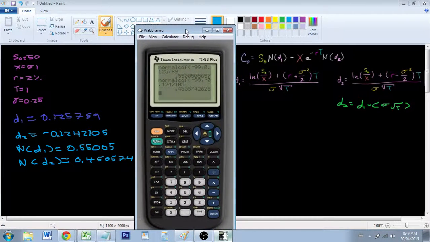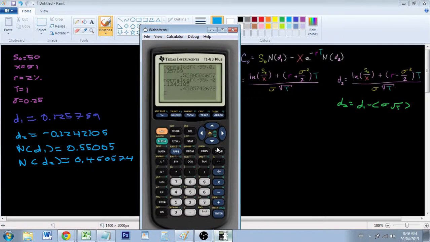So the stock price is $50 times 0.55005, minus your exercise price... So I got a call value of $4.97.